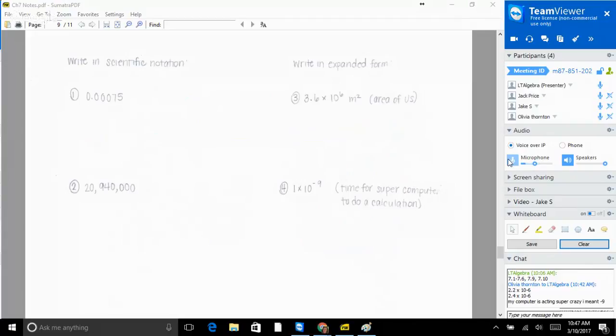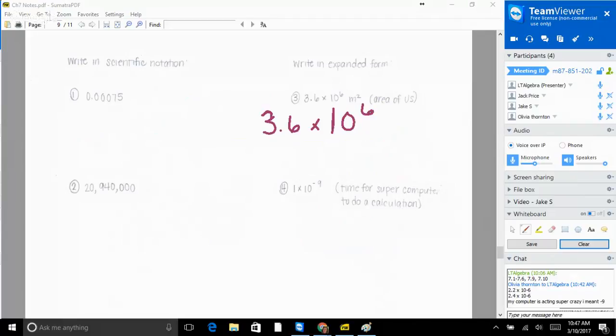So number 3 says that the area of the United States is 3.6 times 10 to the 6th meters squared. Okay, so now we're going to do the opposite of scientific notation. We're going to make this into regular notation, right? So what does this mean? Well, I have 3.6 times 10 to the 6th power.